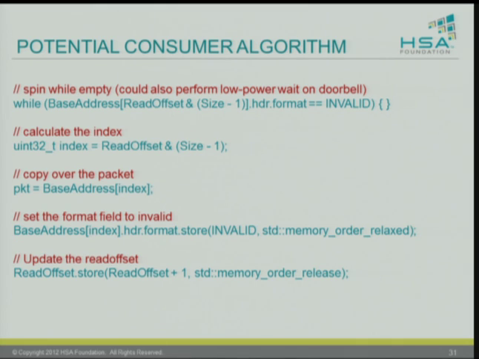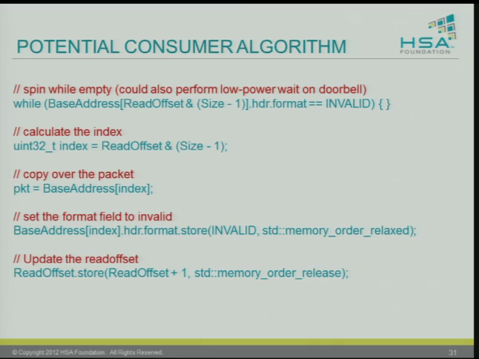On the consumer side, the code's a little bit simpler because this is just a single consumer. The first thing you're doing here is spinning if the queue is empty by looking at the packet that's at the head of the queue. If it's invalid, you just wait for it to turn valid. So you're just spinning while empty. You don't have to be doing that. Instead, you could be waiting on a signal.